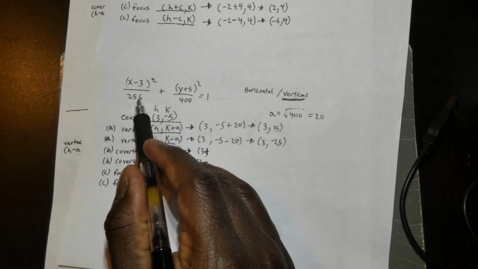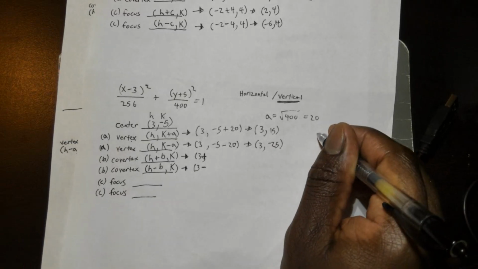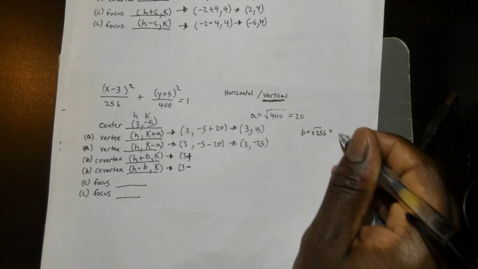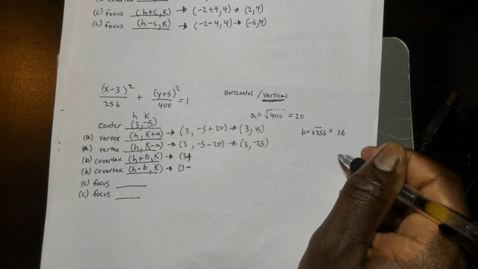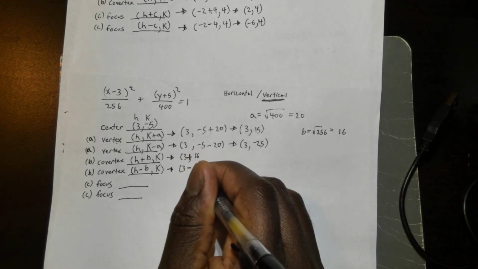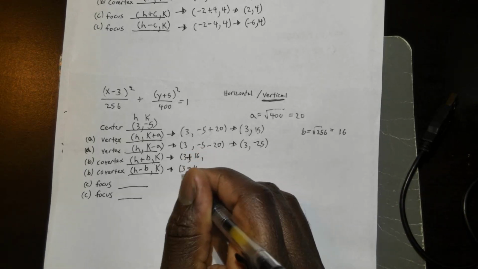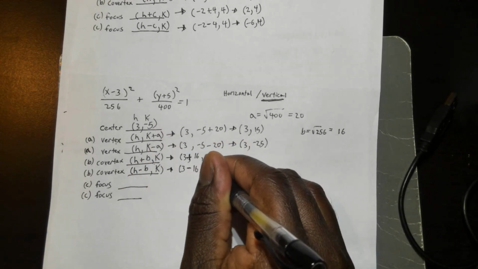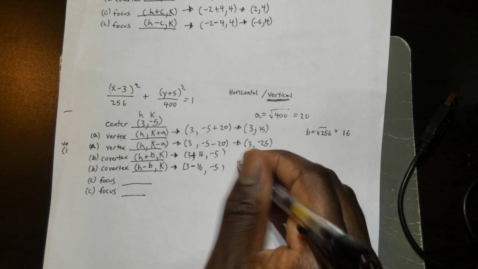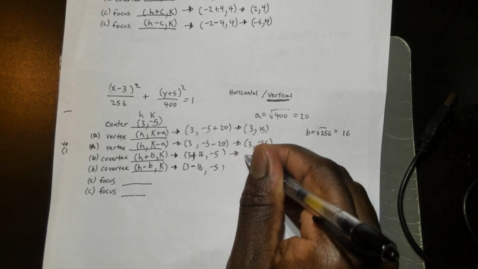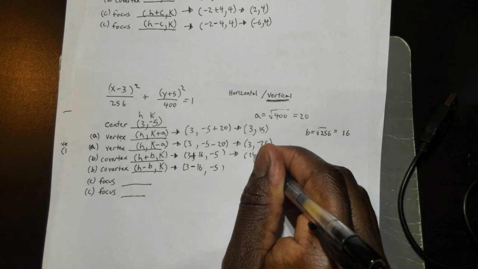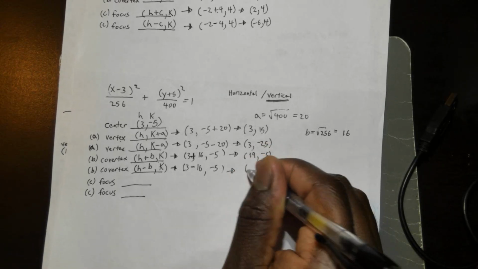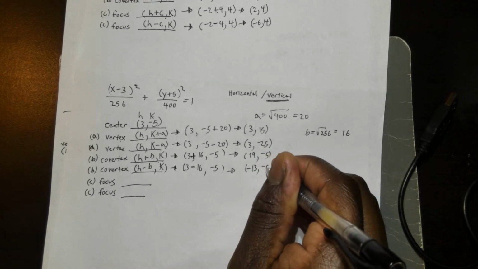B is going to come from this 256, so b is the square root of 256, which is 16. So we're going to either add 16 or subtract 16. The y value, the k, is going to be -5. So this is going to give us as our co-vertex 19, -5, or -13, -5.